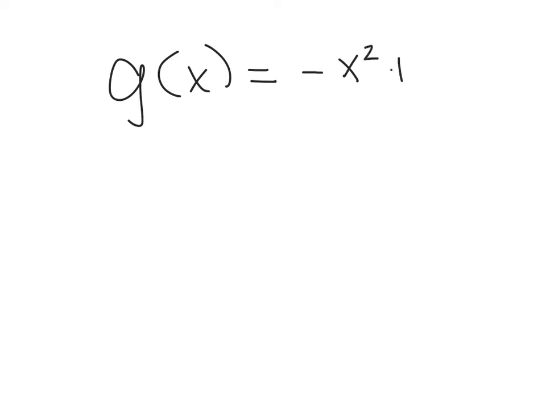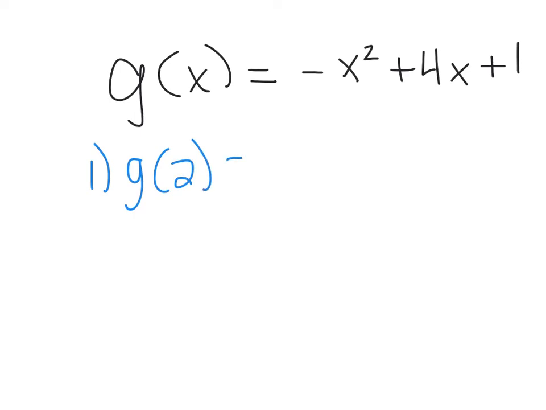So at the bottom of the page, the first thing they tell us is that we have a function g of x equals negative x squared plus 4x plus 1. So part 1 wants us to find g of 2. You're going to notice that whenever I plug something in, I just put parentheses. So it's going to be negative something squared plus 4 times that something plus 1.